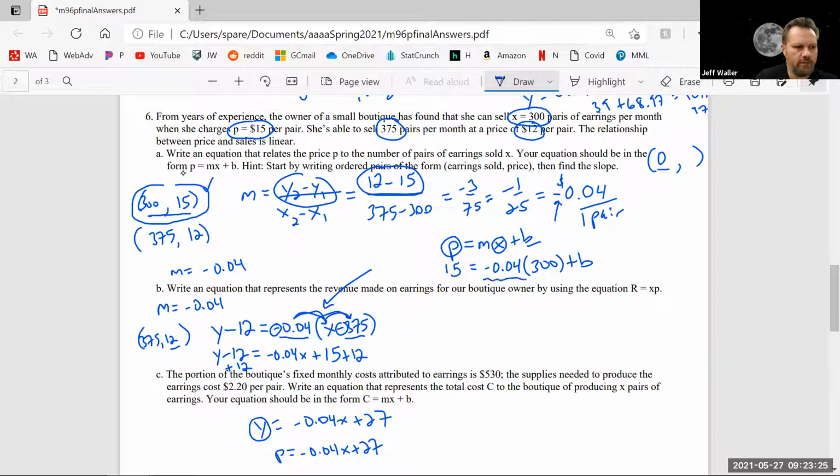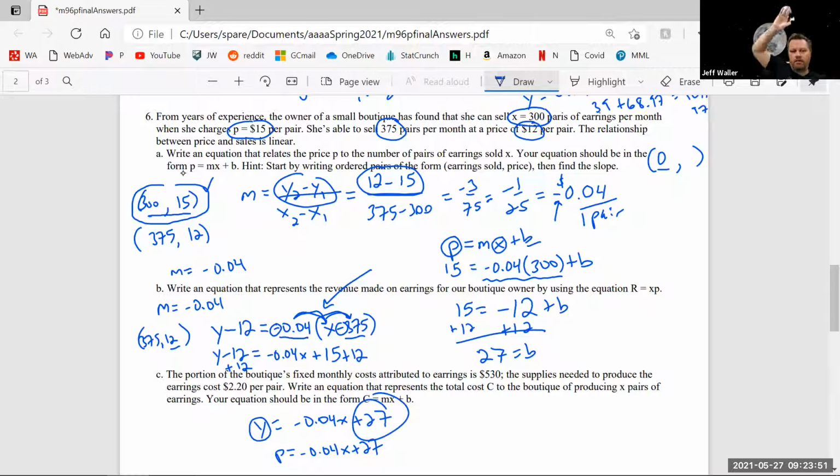So what is negative 0.04 times 300? Negative 12. And then I add 12 and I get B is what? 27. Which is exactly what we got here.